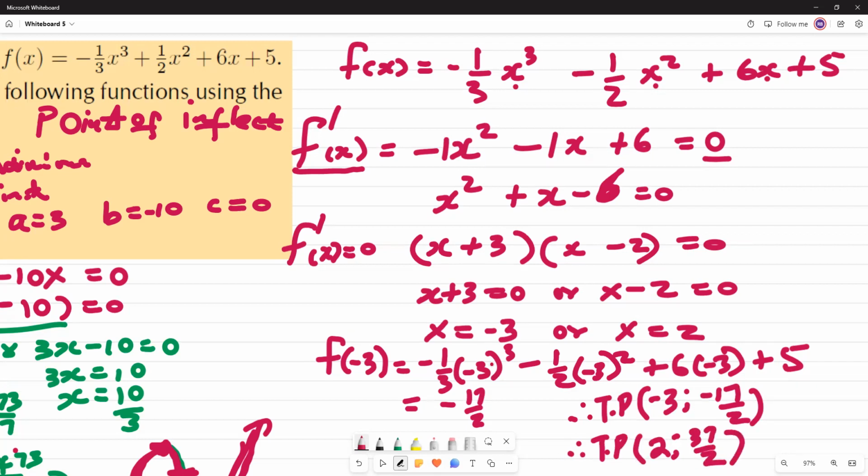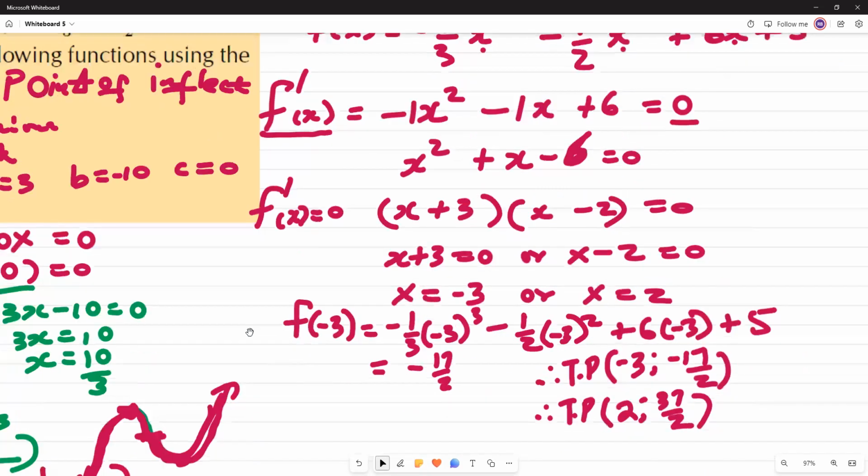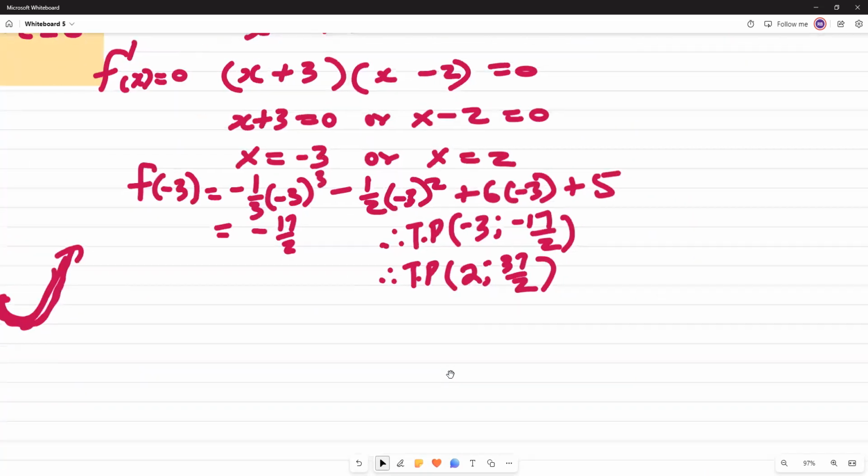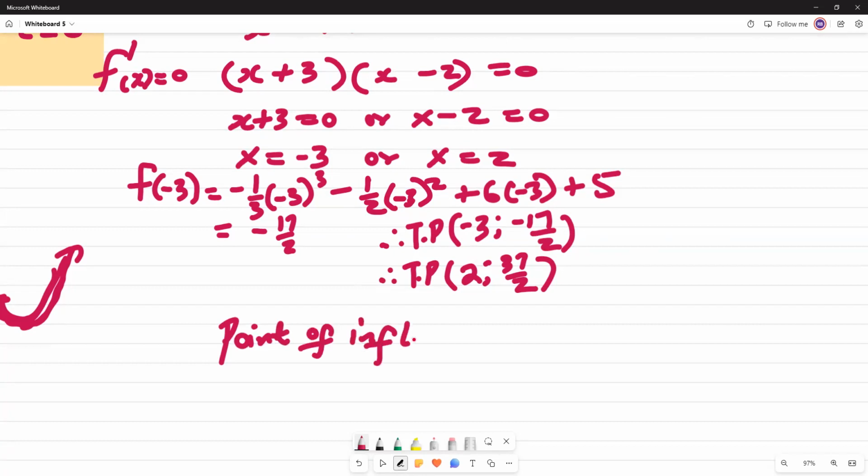And if you need the point of inflection, you can do the second derivative, or you can use the short method I showed you. So I'm just going to do the short method in this case. Point of inflection is basically, I'm taking the first x value, which is -3, and then I add the second one, I get the answer, I divide by 2.